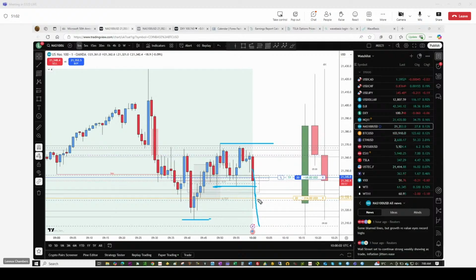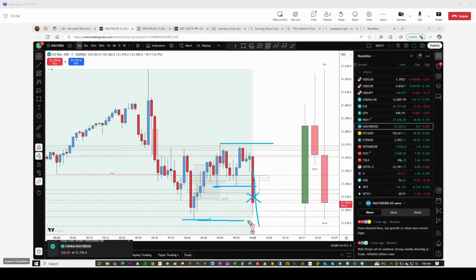And you see, they just took me out with a spike right there. Down we go. They just took out that immediate low and a few others. I didn't want to put my stop way down here because of the possibility that they could do that and take that low out, but I didn't expect them to take this low out. They haven't taken the low out, but they did take out my stop in here.